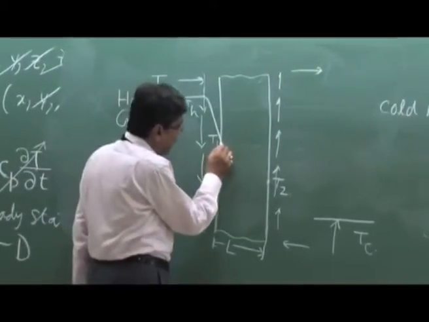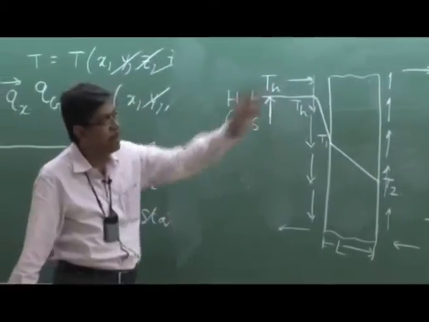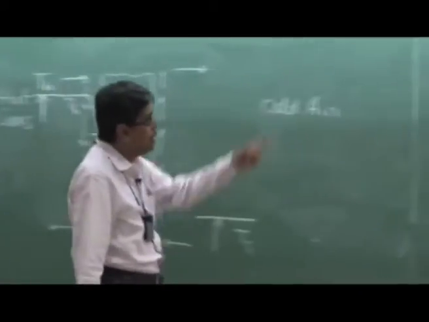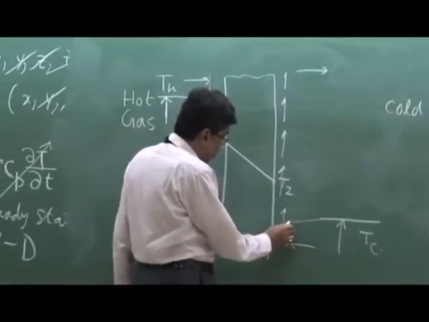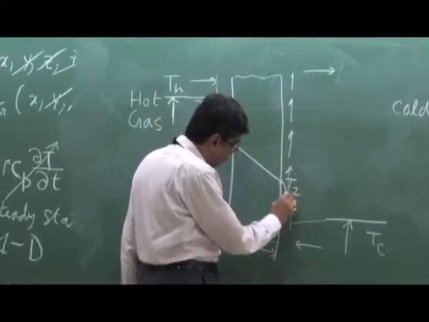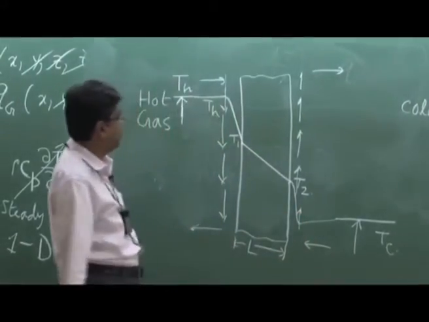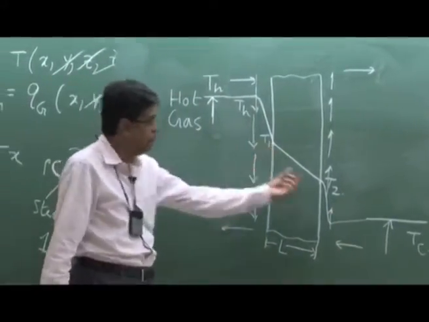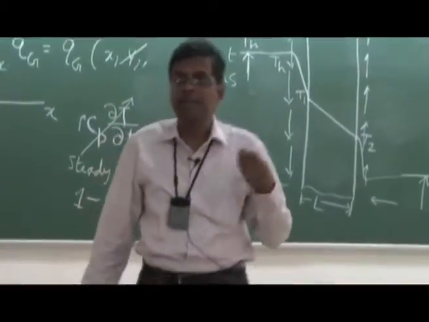From here, we get a linear temperature profile T1 to T2 by the similar deduction as we did for this case, and then from T2, there is a thin film adhering to the surface within which the temperature change will take place. And this film is defined as the thermal boundary layer, which we will discuss afterwards.